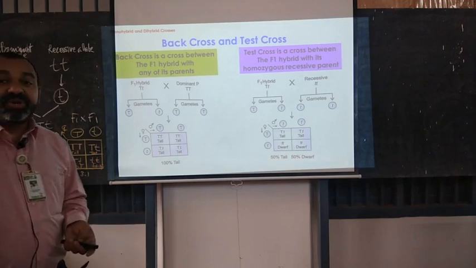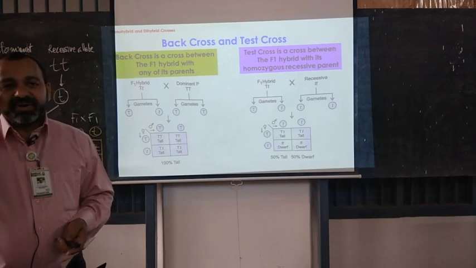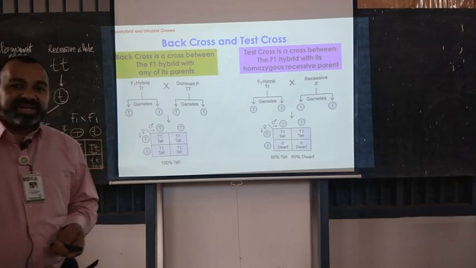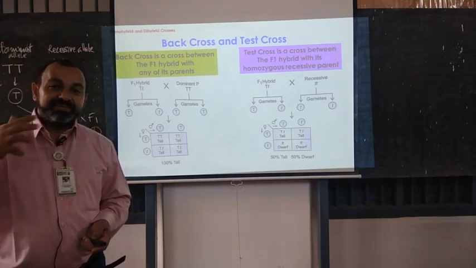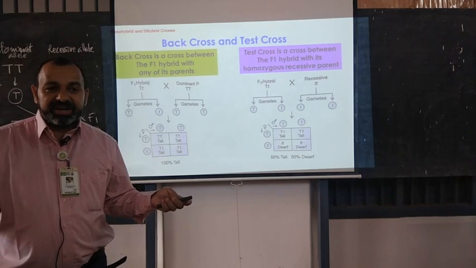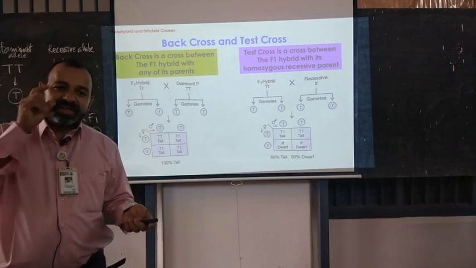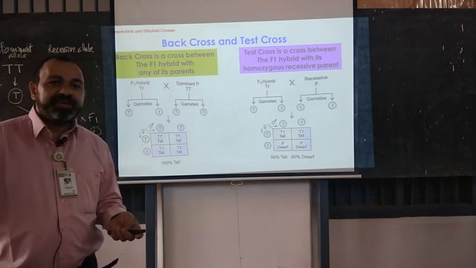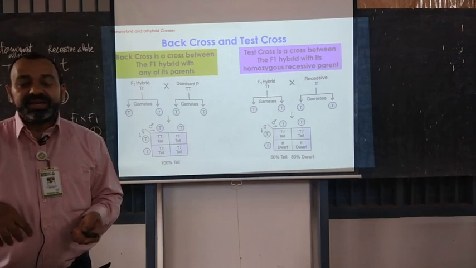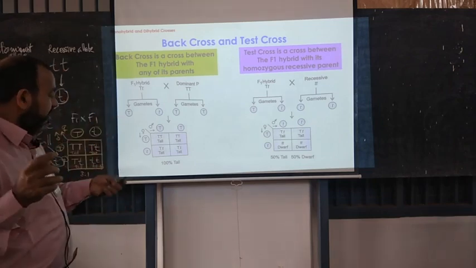That is, the ratio is 1:1. So the monohybrid test cross ratio is 1:1, whereas the monohybrid normal ratio is 3:1. That is, phenotypically one trait is 75% and 25% only the other specific character. So this is very important, backcross and test cross.